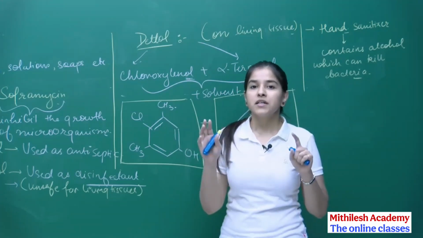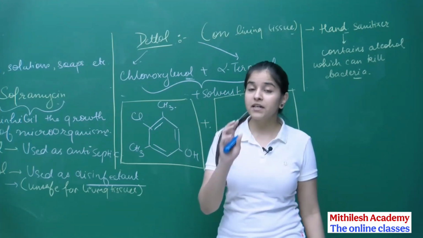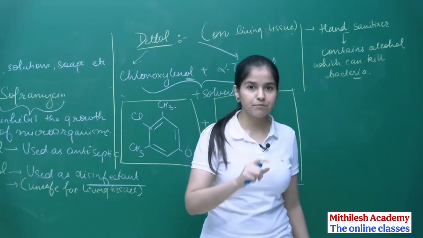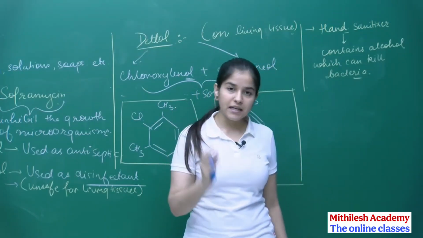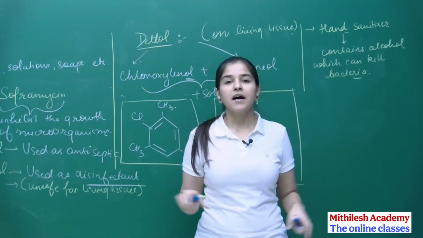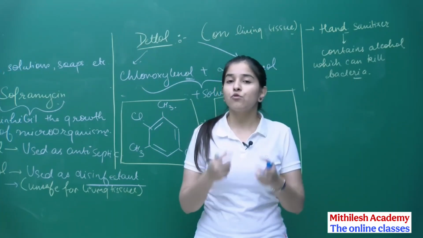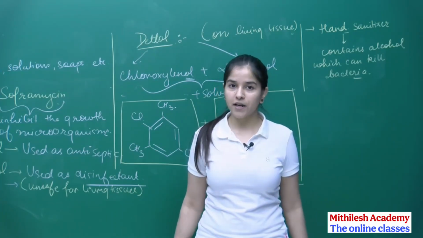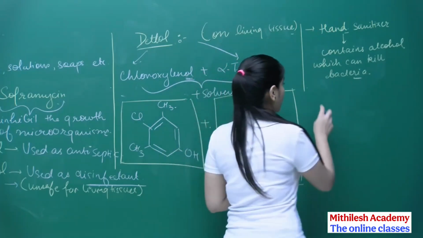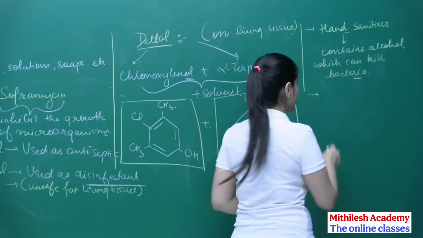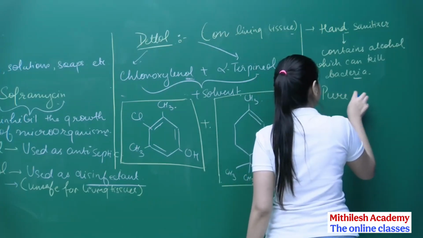So they use the spirit that is actually a disinfectant, not disinfectant but antiseptic. They kill the bacteria, they inhibit the growth of the bacteria around that wound, which is particularly very prone to the attack of microorganisms. So under the category of alcohol, I am talking about, alcohol is also used in pure form.